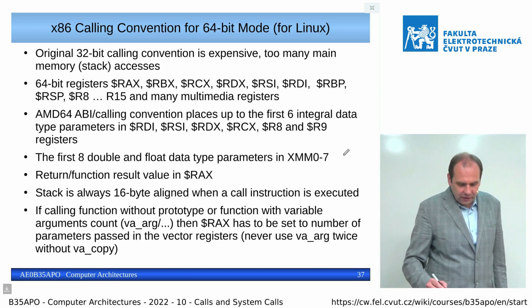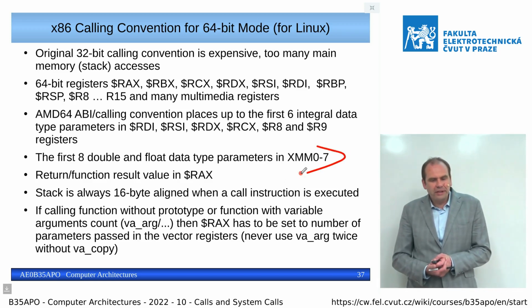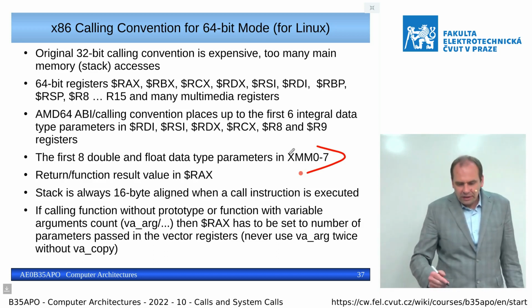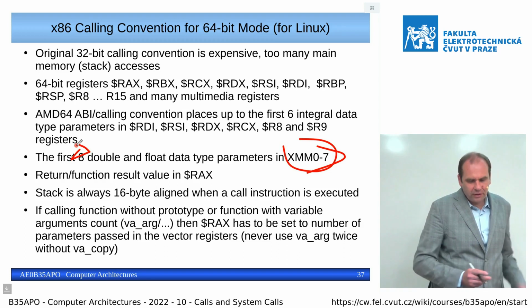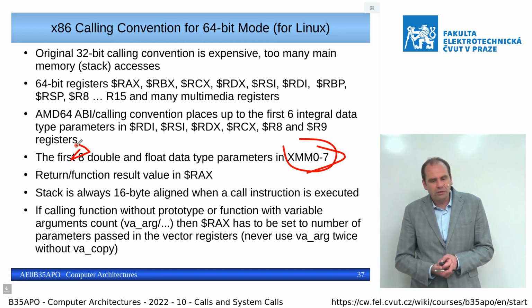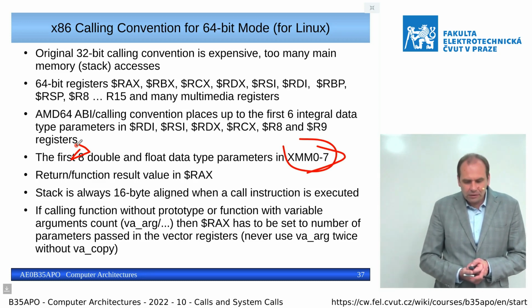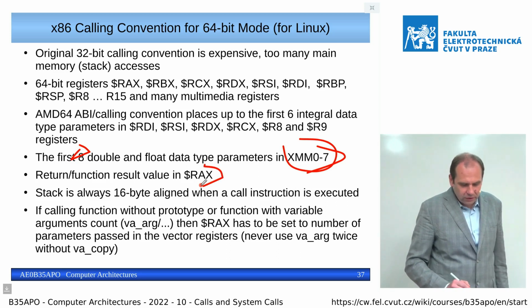Floating point arguments are stored in the XMM registers, up to the first 8 of them, where it is easier to work with them. The return value, up to 64 bits, is stored in the RAX register.